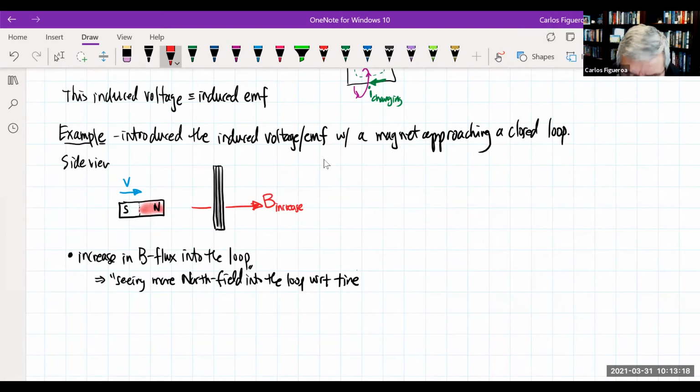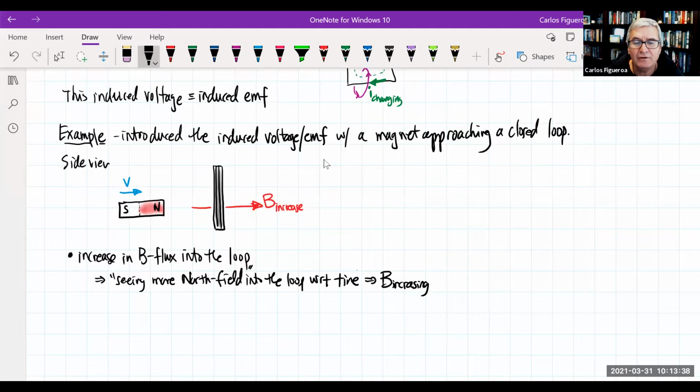And that magnetic field is due directly to what? To the magnet. So therefore, I have B increasing.